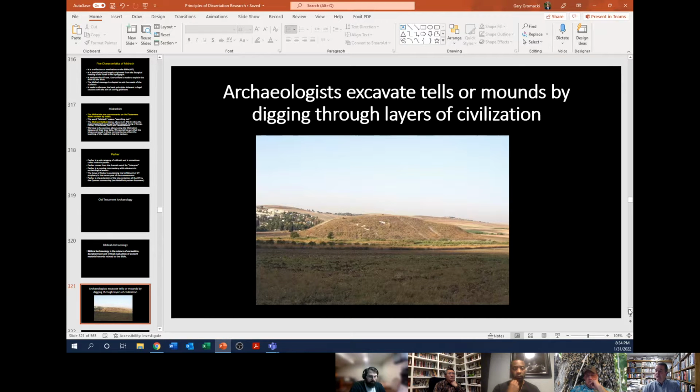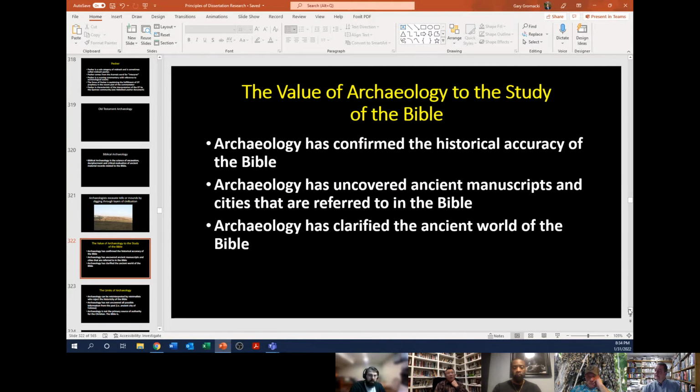Very excited to report that there are plans right now in Turkey to excavate the tell of ancient Colossae. So that's being discussed right now. The value of archaeology to the study of the Bible is that it has confirmed the historical accuracy of the Bible.